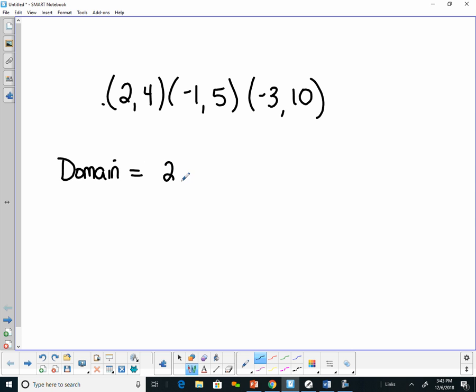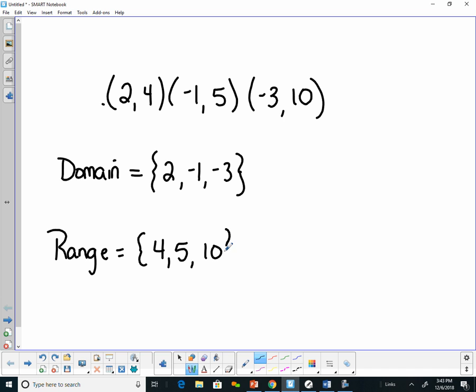So that is 2, -1, and -3. If I ask for your range, which is our y values, or our dependent variable, those are 4, 5, and 10. Now remember, we do not want to repeat a number that's in here.